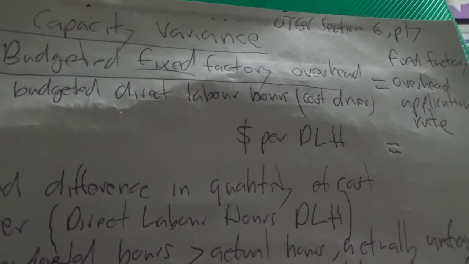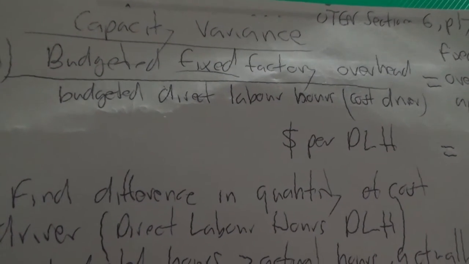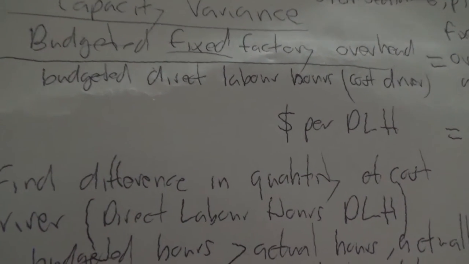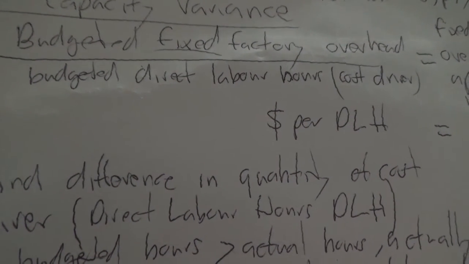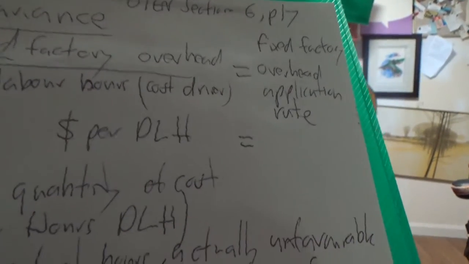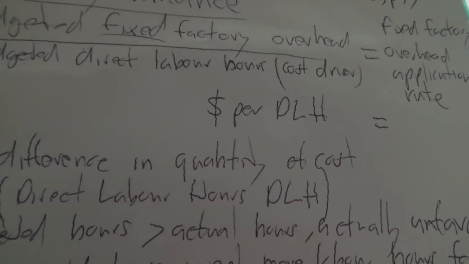O10 section 6 page 17, capacity variance: budgeted fixed factory overhead divided by budgeted direct labour hours, the cost driver, gives you the overhead application rate, and that is equal to dollars per direct labour hour.